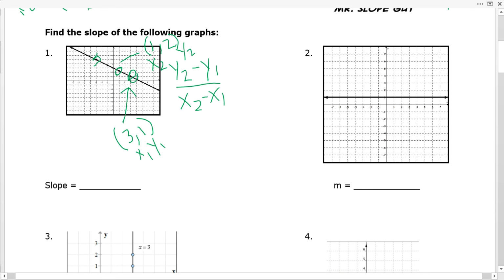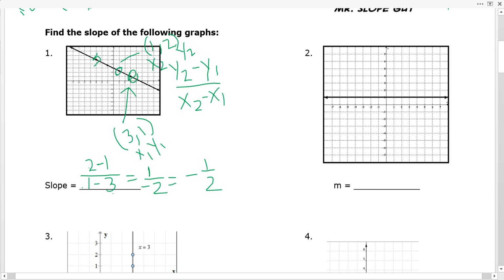It does not matter which one is which, because when you subtract them, it'll come out the same. So our slope is going to be 2 minus 1, which are my y values, and my x values are going to be 1 minus 3. 2 minus 1 is 1. 1 minus 3 is negative 2. The slope is negative 1/2.